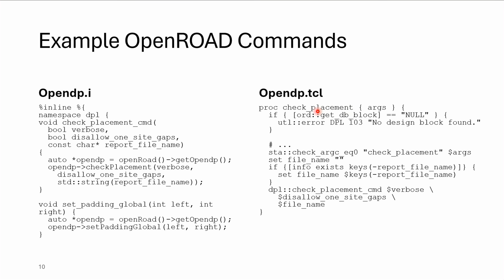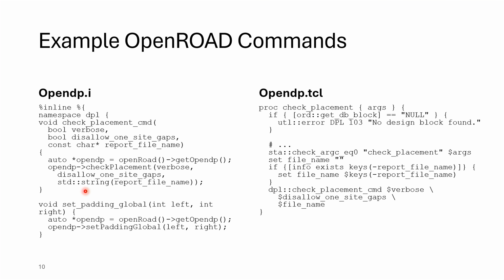This check placement Tcl proc is designed to be the one that's called, the one that will show up in documentation, because it has all this error checking around it, things that make a nice user interface. Versus down here, the DPL check placement command is just passing it directly to the C++, where there isn't error handling done. If you pass improper commands that way and work around the error checking, you could end up with your program crashing, segfaulting, or other miscellaneous problems.